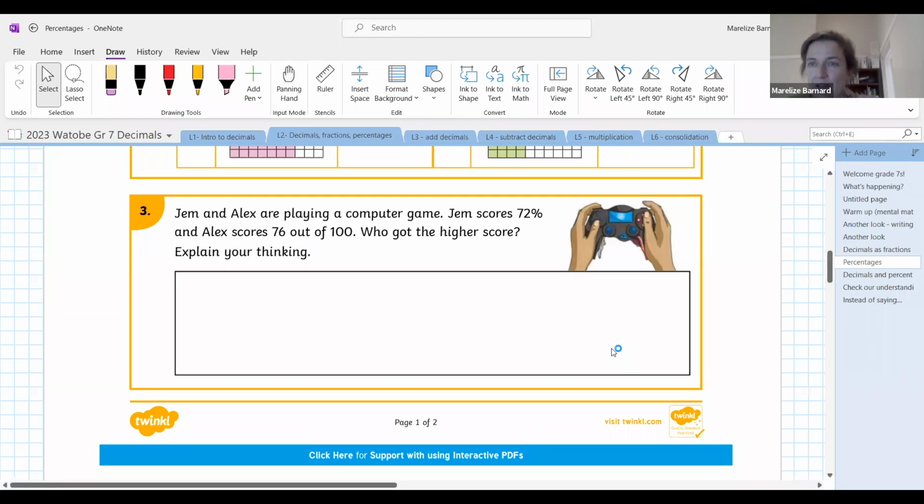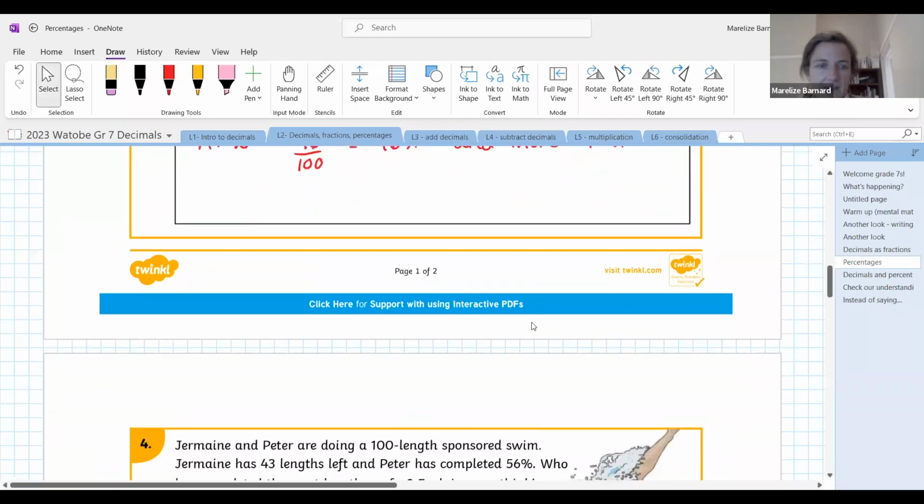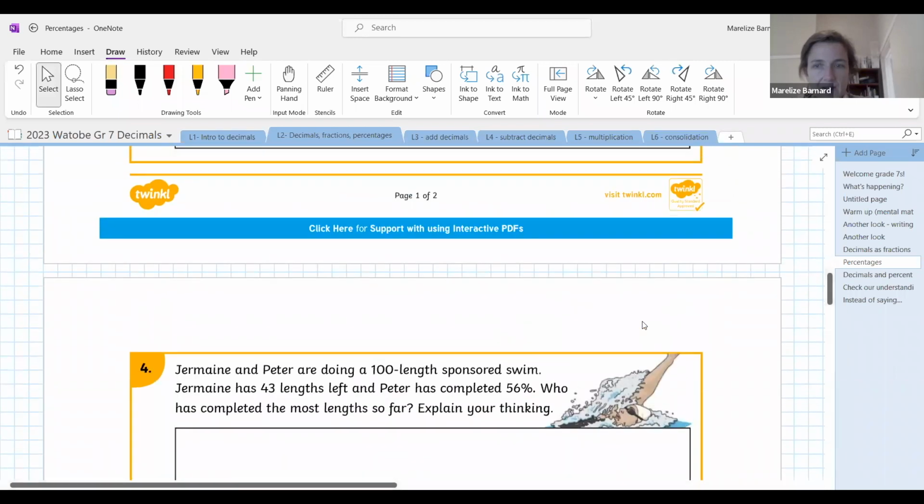If you say it's Alex, you need to give a reason. Okay, good. So Alex got the highest score because 76 out of 100 is indeed 76%, and that is more than the 72%.